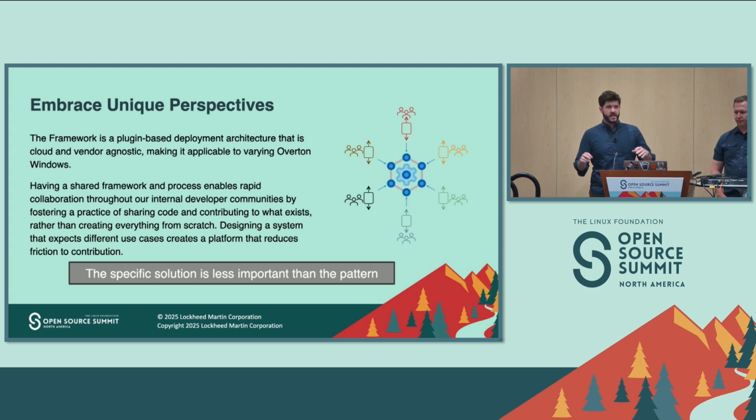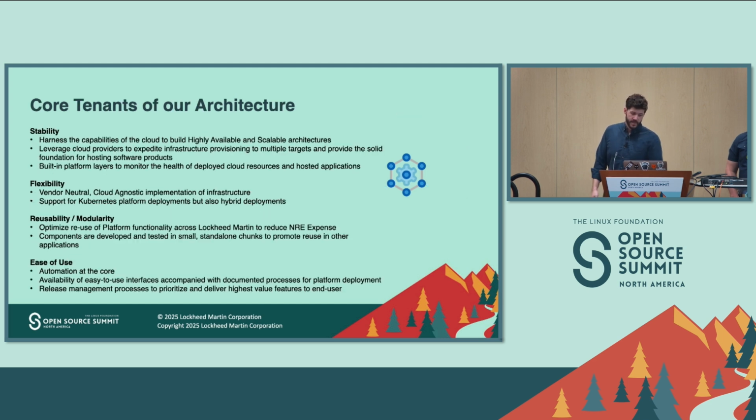And we've really seen a lot of the from-scratch development start to tick down in our company because of it. So a really key point here is the specific solution is not as important as a pattern and teaching your developers how they can work and share in this kind of world.